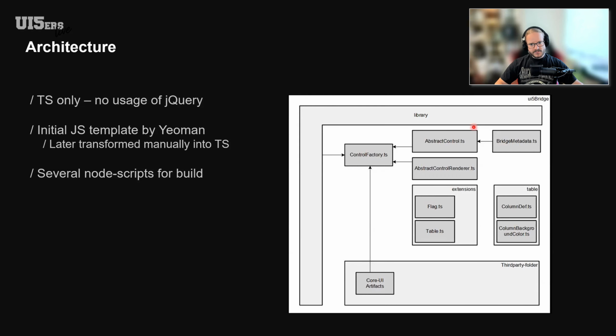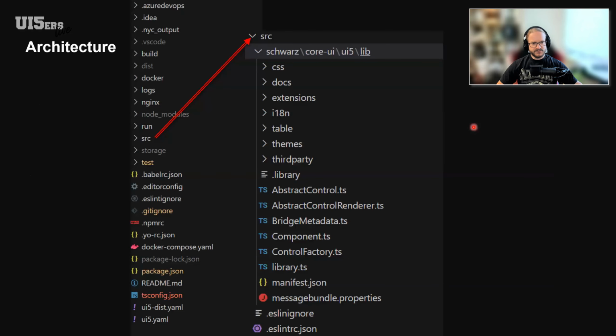So this diagram simply reflects a common structure of the library. We have the corresponding source folder with all the stuff.